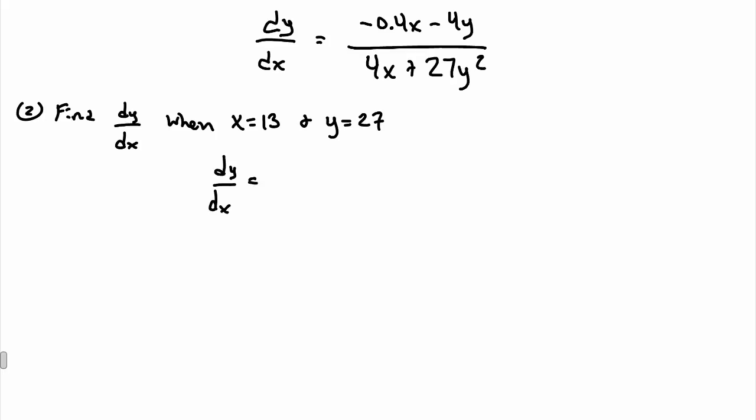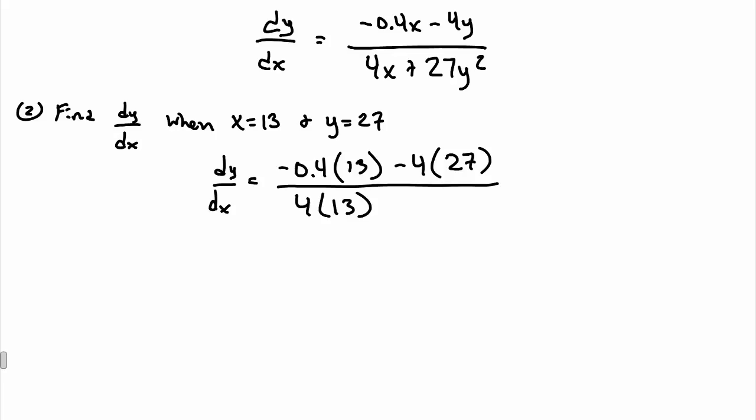So this would be negative 0.4 times 13 minus 4 times 27, all over 4 times 13 plus 27 times 27 squared.